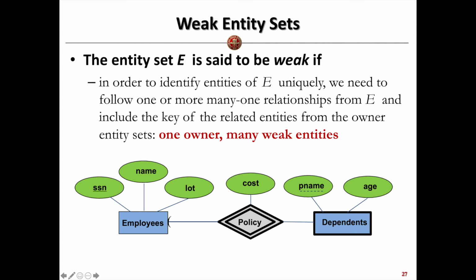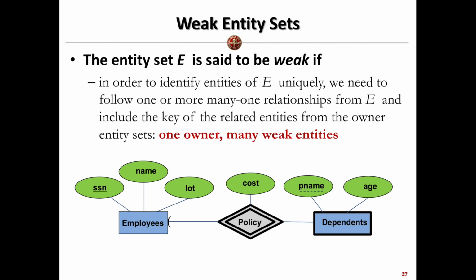We can name, for example, the dependents as the weak entity set, and the employees as the owner entity set. When referring to data in the dependents, the weak entity set, we have to combine the keys from the employees together with the P name. They can differentiate different dependents inside the dependent set.